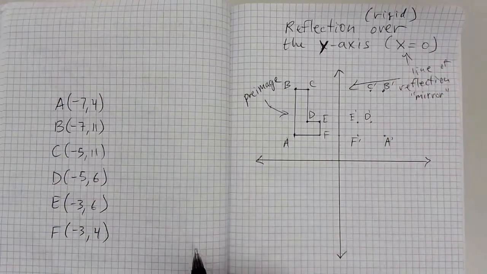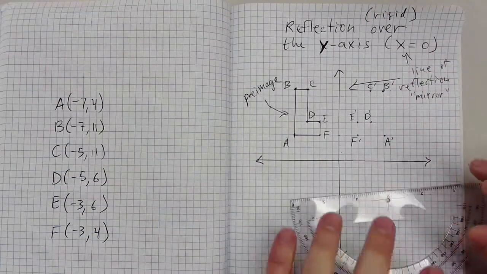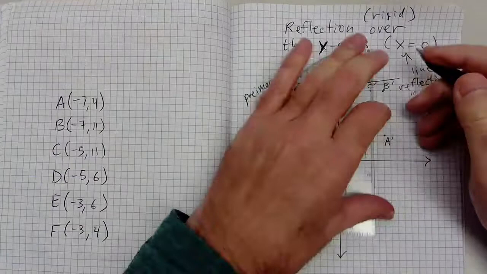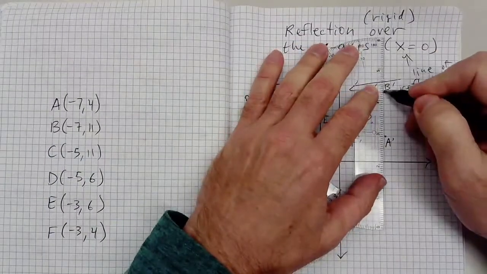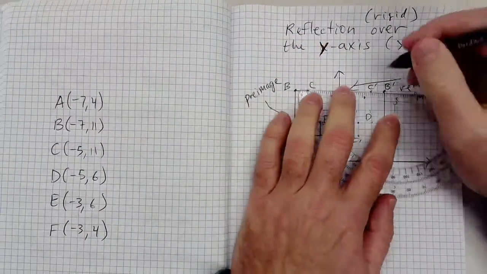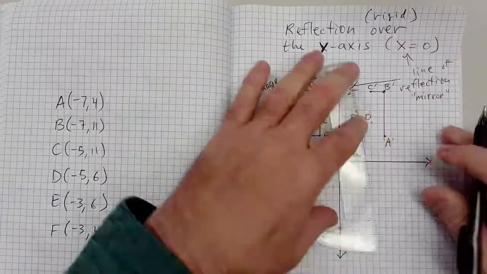Make sure you label these correctly because that will help you to see the orientation. Okay, then if I connect A prime to B prime, etc., we should see the shape emerge, our hexagon.